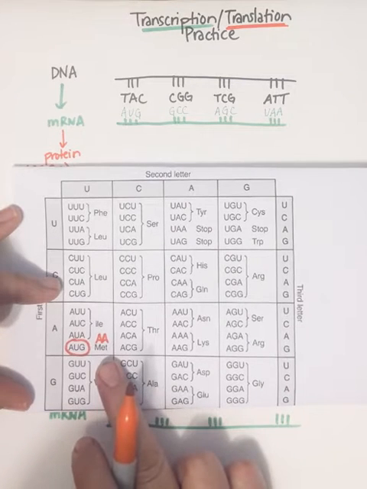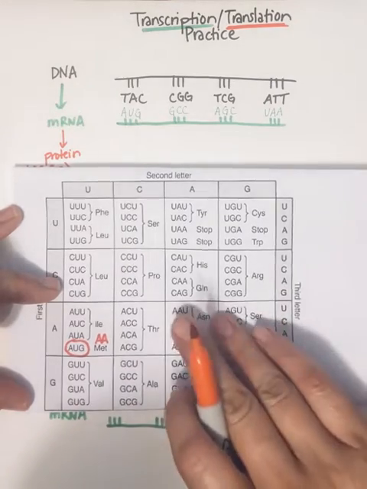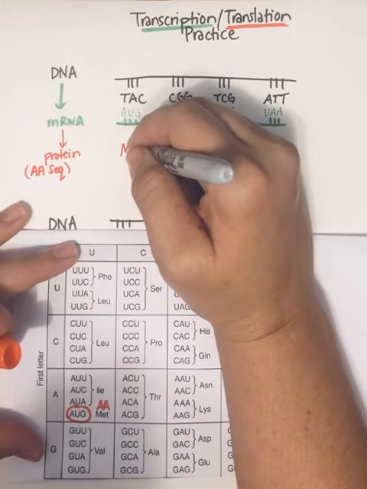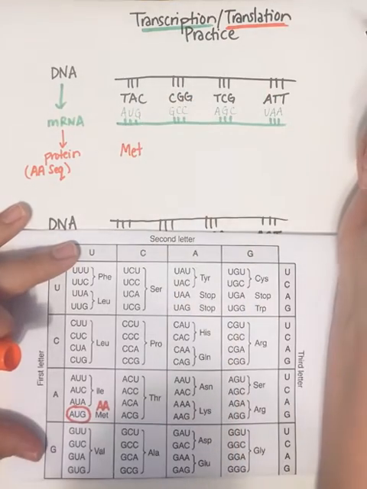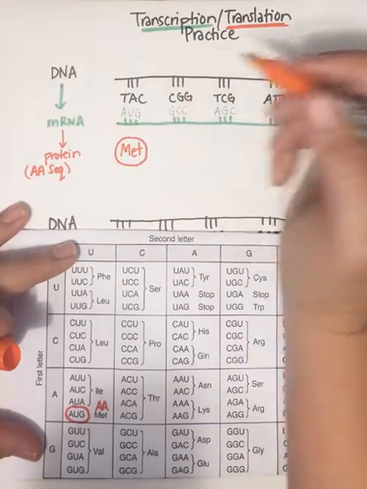Now, methionine is always the first amino acid to start translation. So this would be MET to represent the start amino acid, and you circle it.